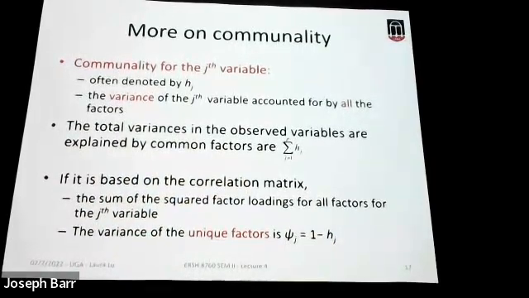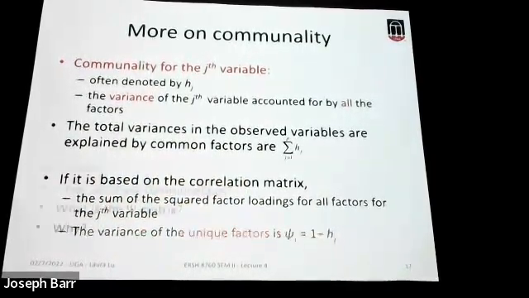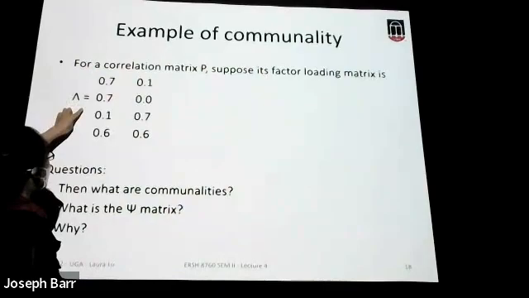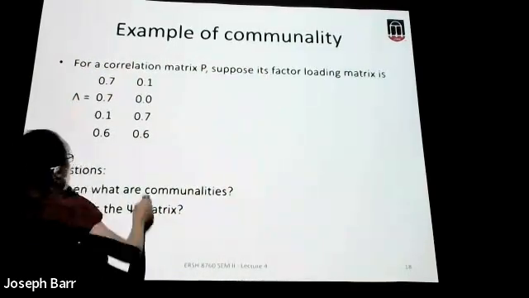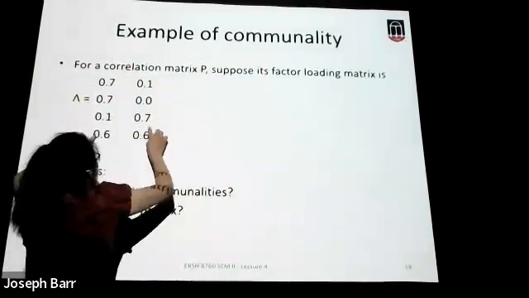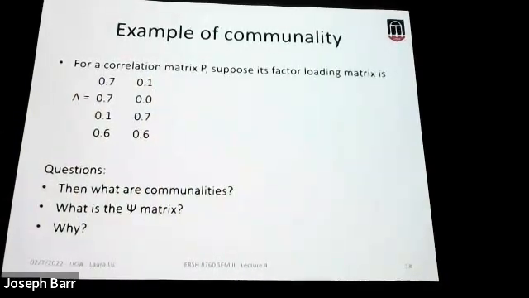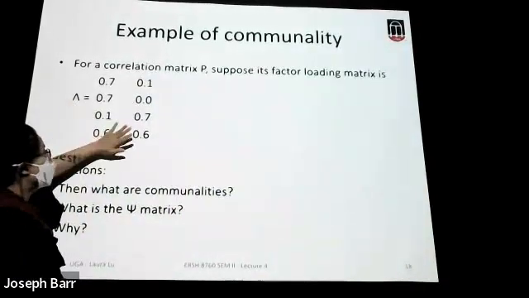So how to apply this form? Just look at this case. We have the lambda matrix. You should have some parentheses here. This is a matrix with 4 rows and 2 columns. This is the lambda matrix, the factor loadings.